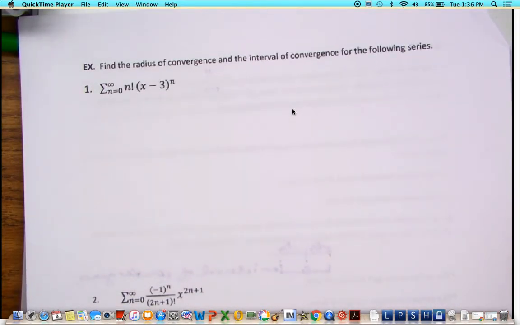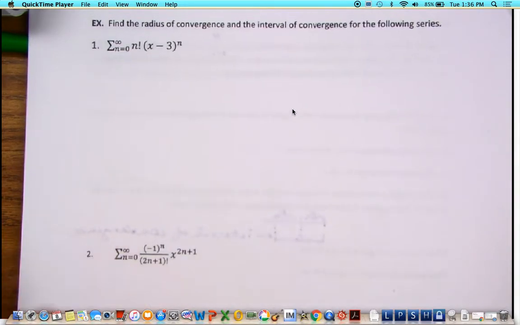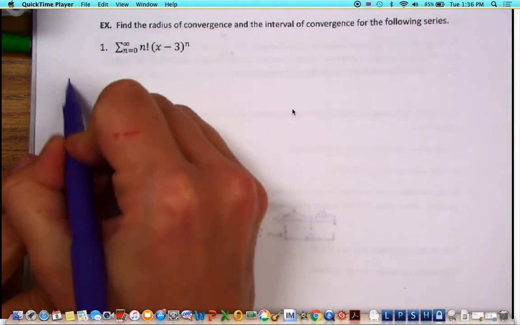Okay, so the directions for all of these examples are find the radius of convergence and the interval of convergence for the following series. As soon as you see those words, find the interval of convergence, radius of convergence, your brain is going to go to ratio test, right? So I'm going to do the ratio test.